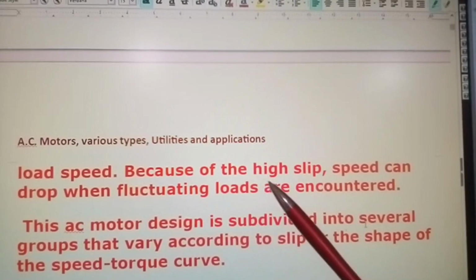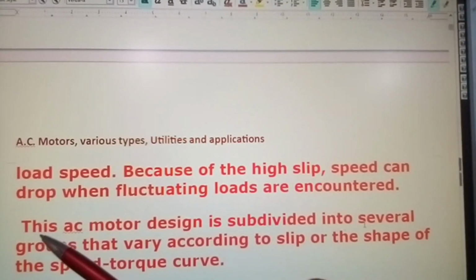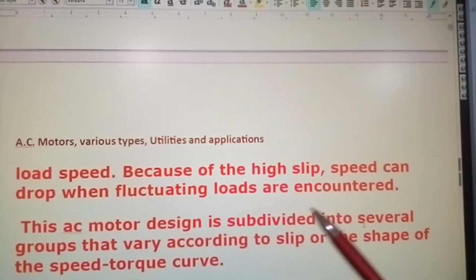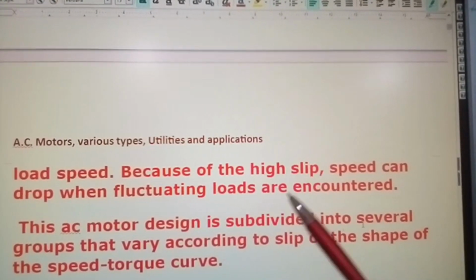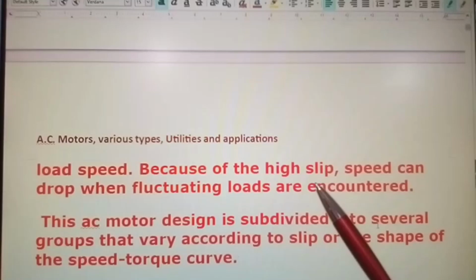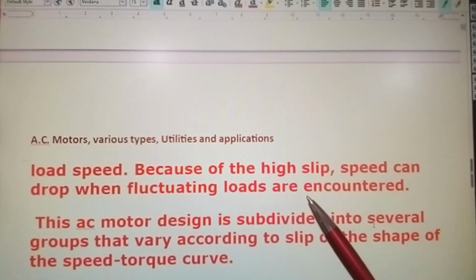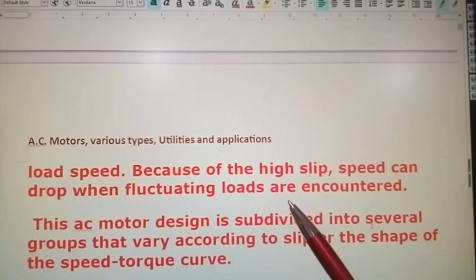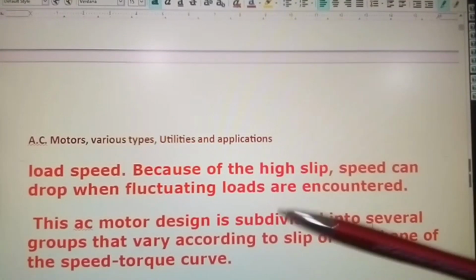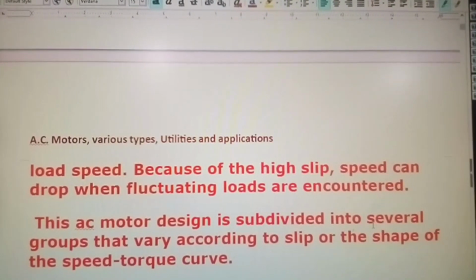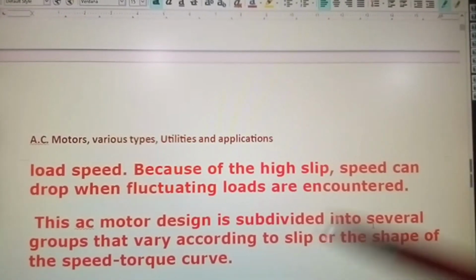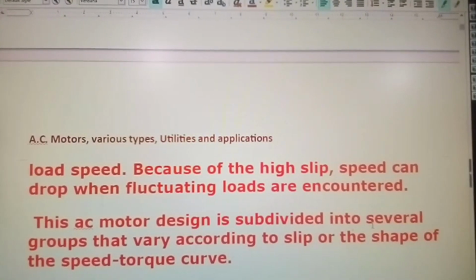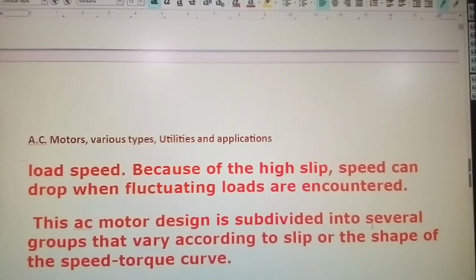Because of the high slip, speed can drop when fluctuating loads are encountered. So in this case, the speed is not constant. The speed can drop as the load changes in regards to the motor, so you'll get the motor kind of fluctuating. Imagine it driving a belt, for instance, and that belt is shuddering on the load changes. Okay.